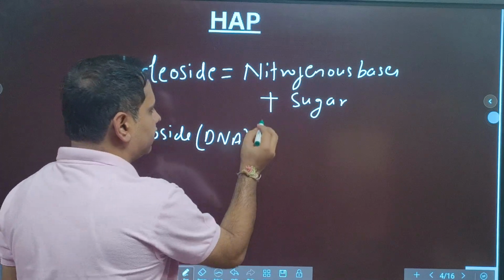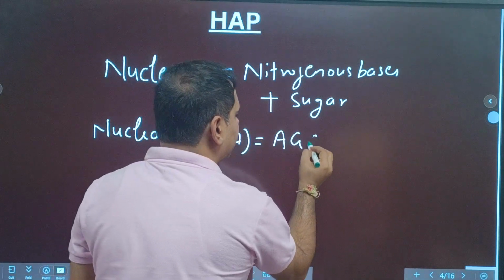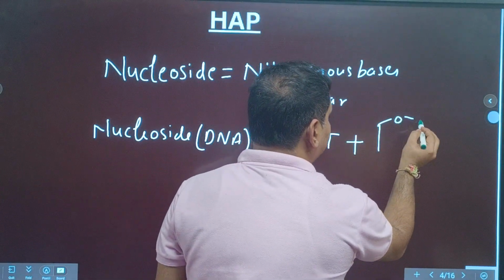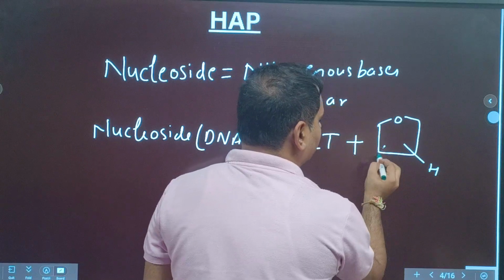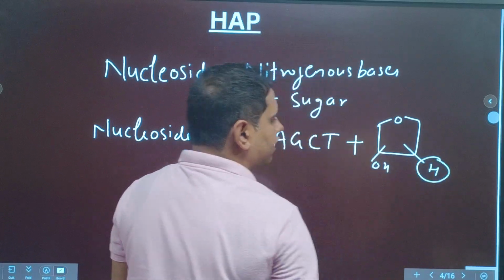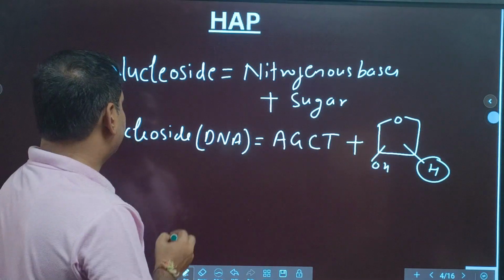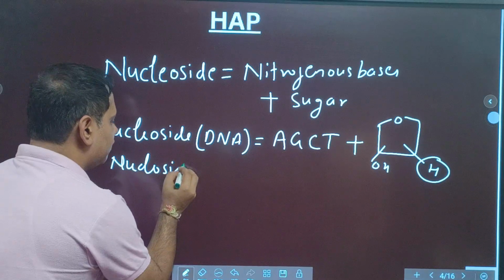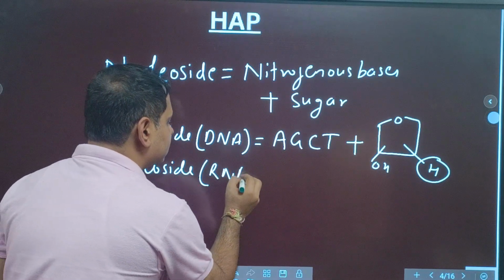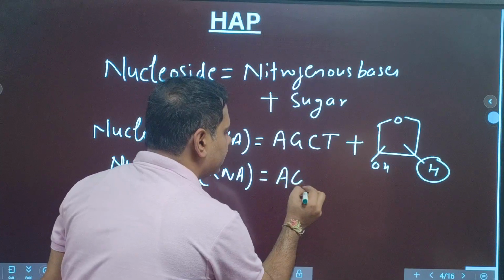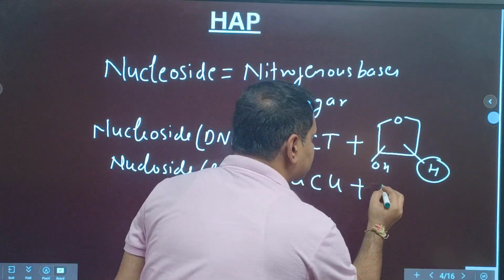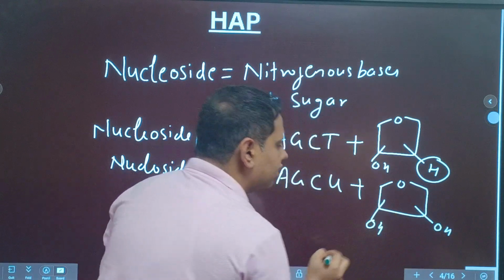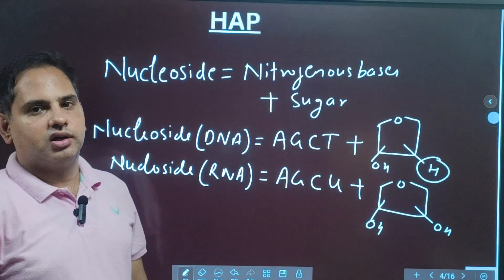So if we talk about nucleoside for DNA, nitrogenous bases will be adenine, guanine, cytosine, thymine, and sugar will be deoxy, right? So here it should be a hydroxyl group, not oxygen. Here this sugar is required for the DNA. And nucleosides for RNA, nitrogenous bases will be your adenine, guanine, cytosine, uracil, plus the sugar molecule will be this one, OH, right?